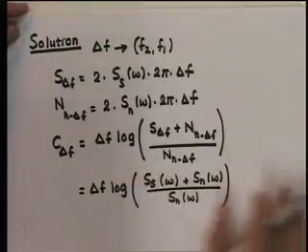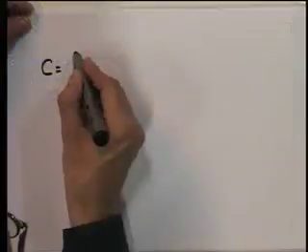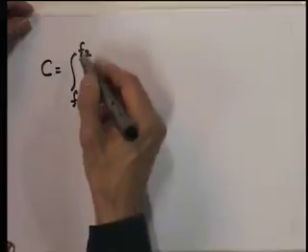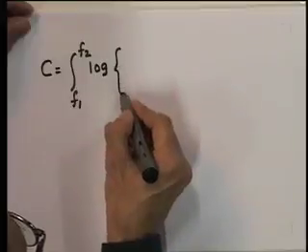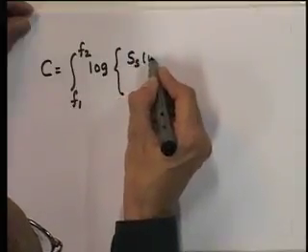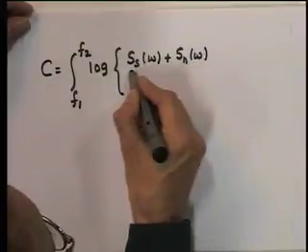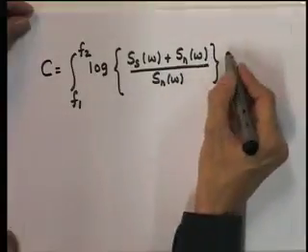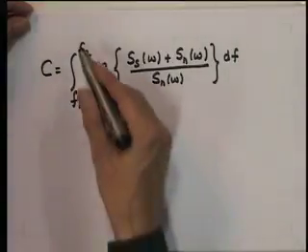Now, the capacity of the channel over the entire band F2 to F1 is given by the integral C is equal to the integral from F1 to F2 of the quantity log of (signal power density plus noise power density) divided by noise power density, integrated over frequency F1 to F2.